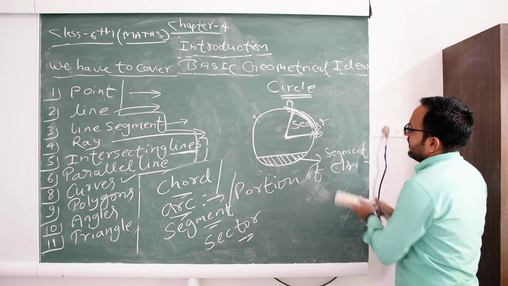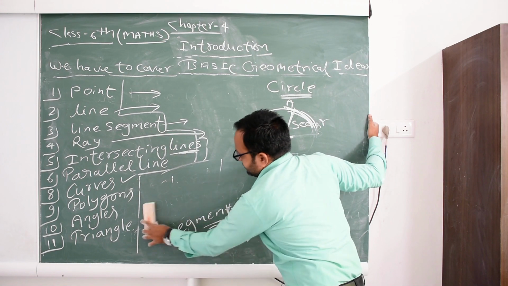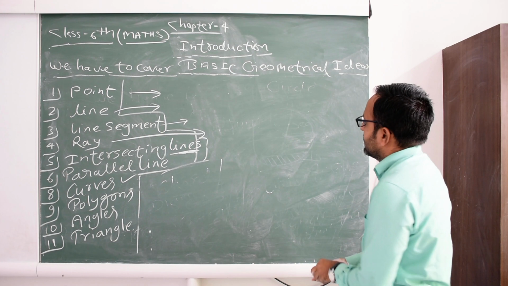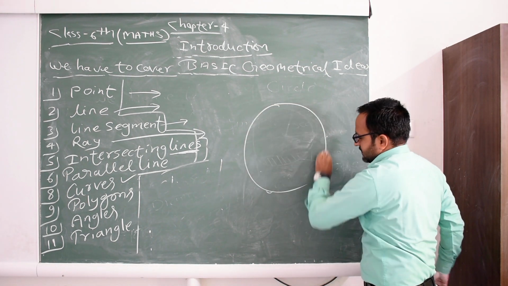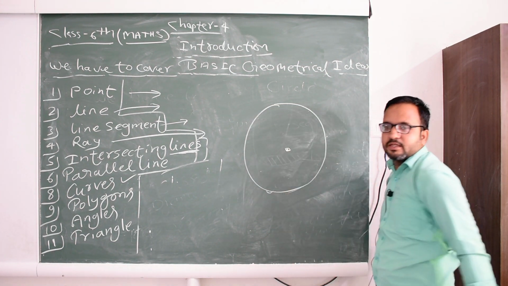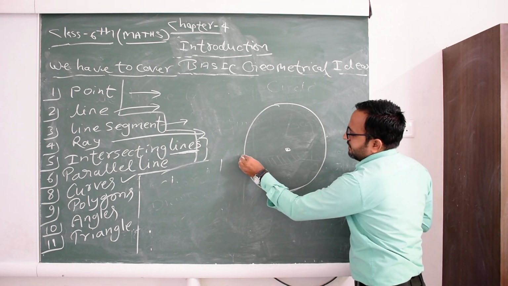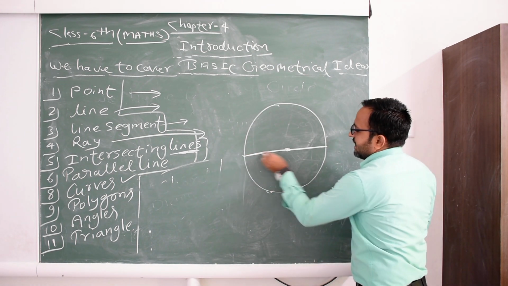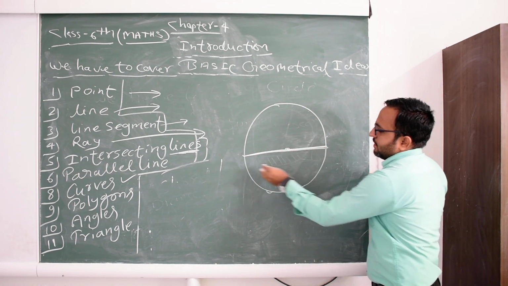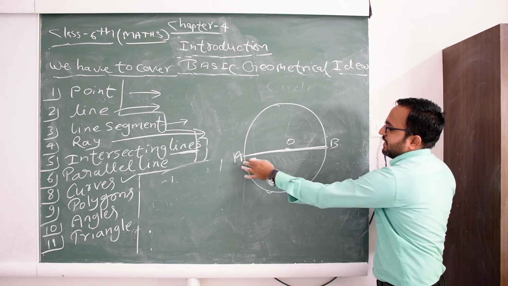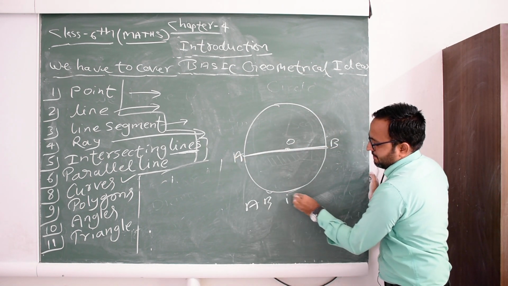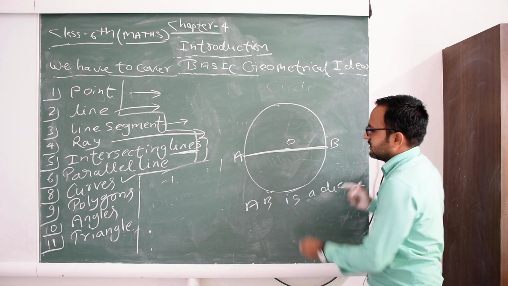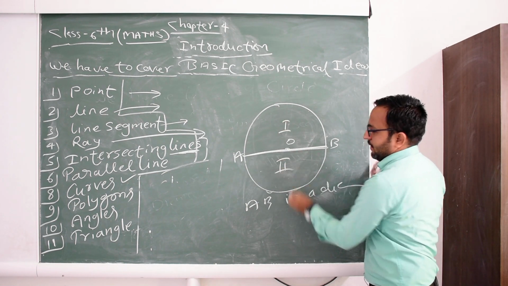And the last topic of this chapter is semicircle. Now we draw the circle and put a center. Diameter divides the circle into two equal parts. Any diameter AOB, AB is a diameter, and diameter divides the circle into two equal parts.